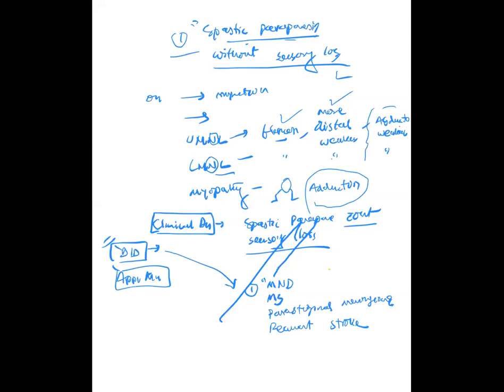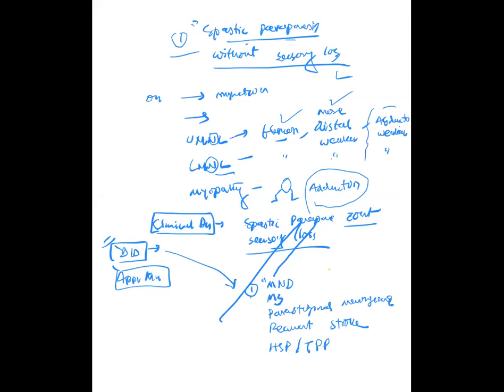And another thing is in spinal cord, hereditary spastic paraparesis and tropical spastic paraparesis. So those are the common causes of spastic paraparesis without any sensory loss.